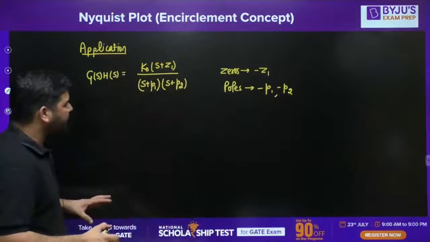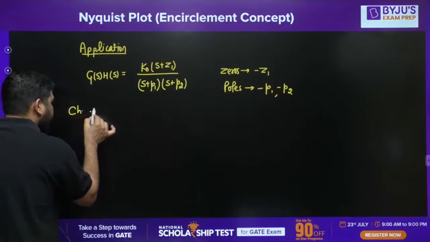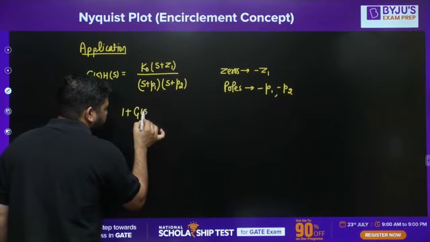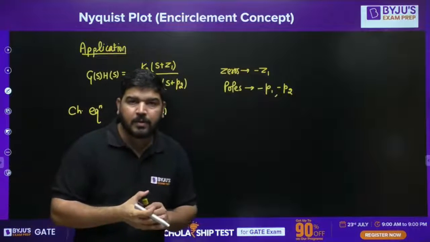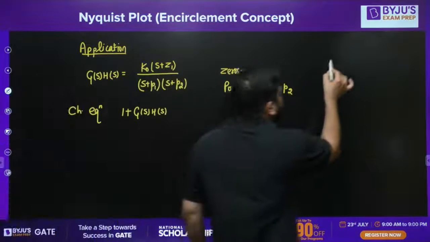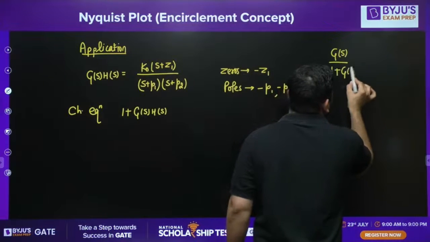Now I want to find the characteristic equation. The characteristic equation is 1 plus G(s)H(s), because I want to find the closed loop system poles and zeros. The closed loop system transfer function will be G(s) divided by 1 plus G(s)H(s).